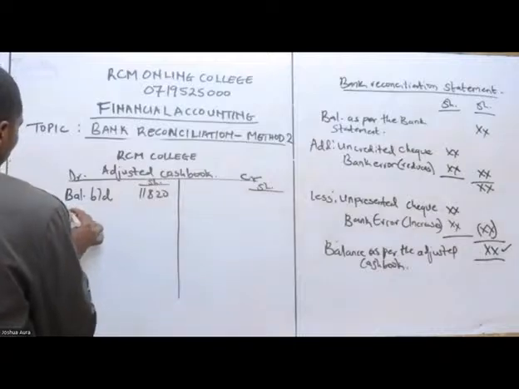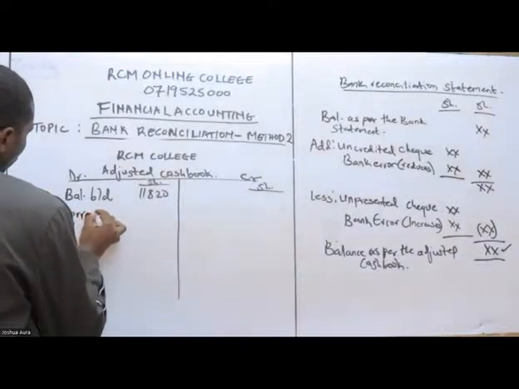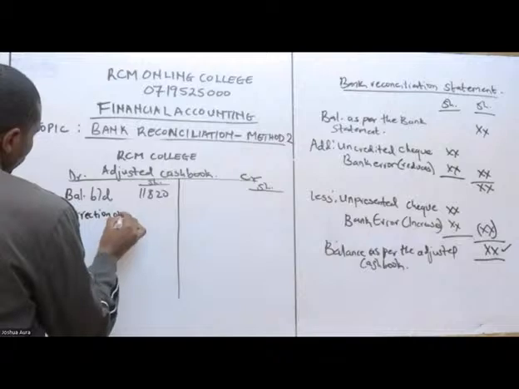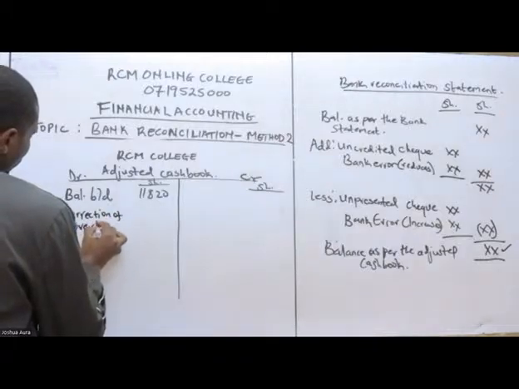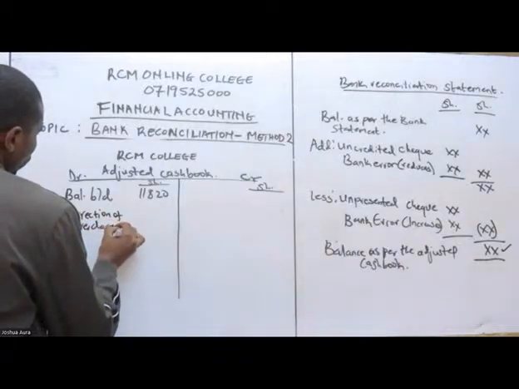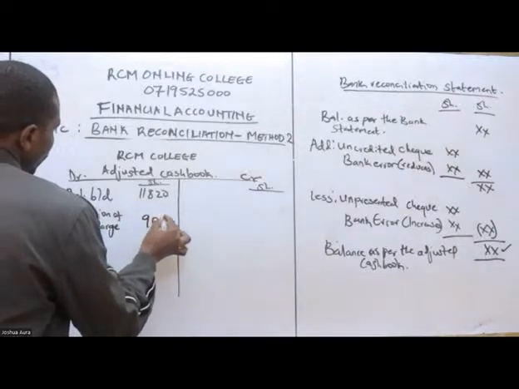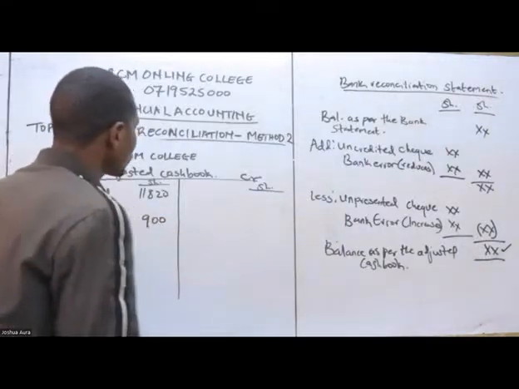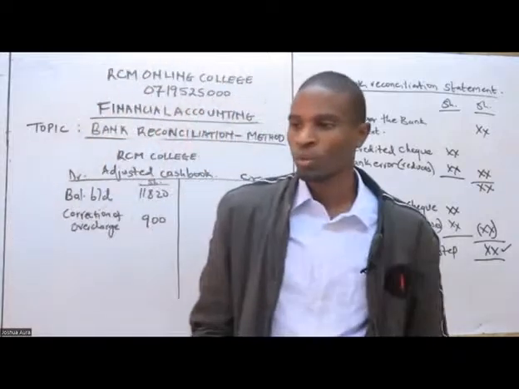Therefore, correction of overcharge. So we correct that with 900 shillings.